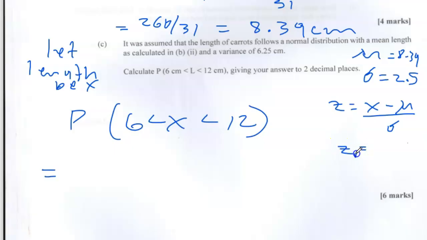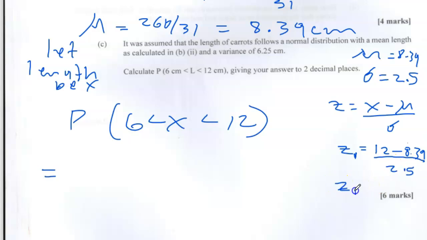So let's do z1. I'm going to do the z value for the upper one, which is 12. I'll call it z1. Alright, so when x is 12, minus the mean, mu, which is 8.39, divided by the standard deviation, square root of the variance 6.25, we found that to be 2.5.